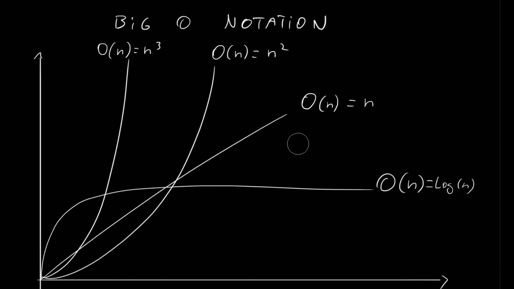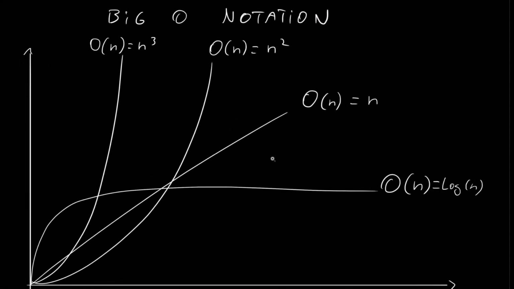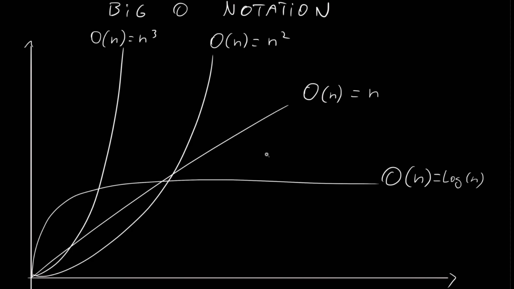So basically, if my n is 0, the O of n, in this case, would be 1, right? There would still be one operation. But again, this is not important. This is not what big O notation is about. It's only about the growth, right? So we could write this down.